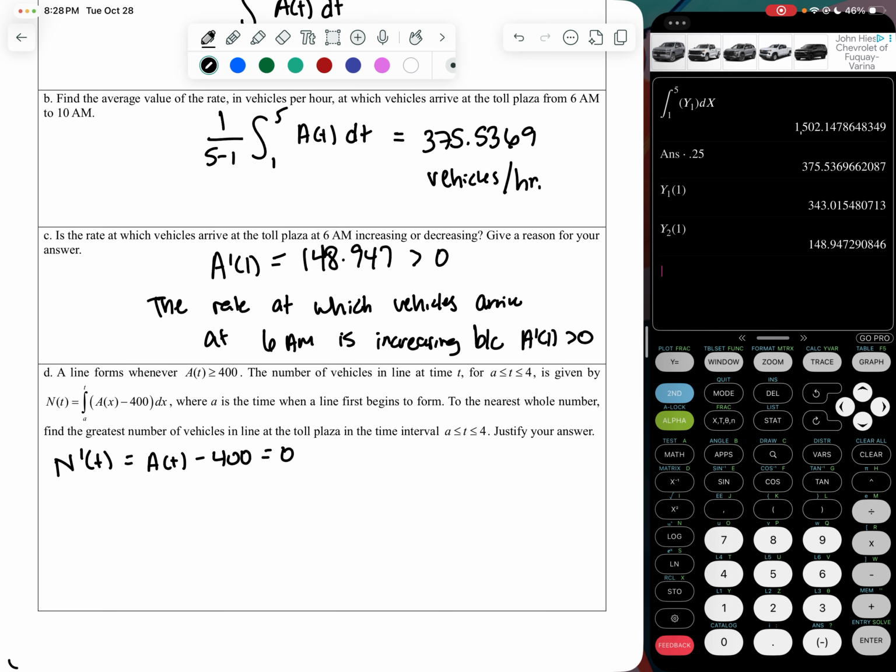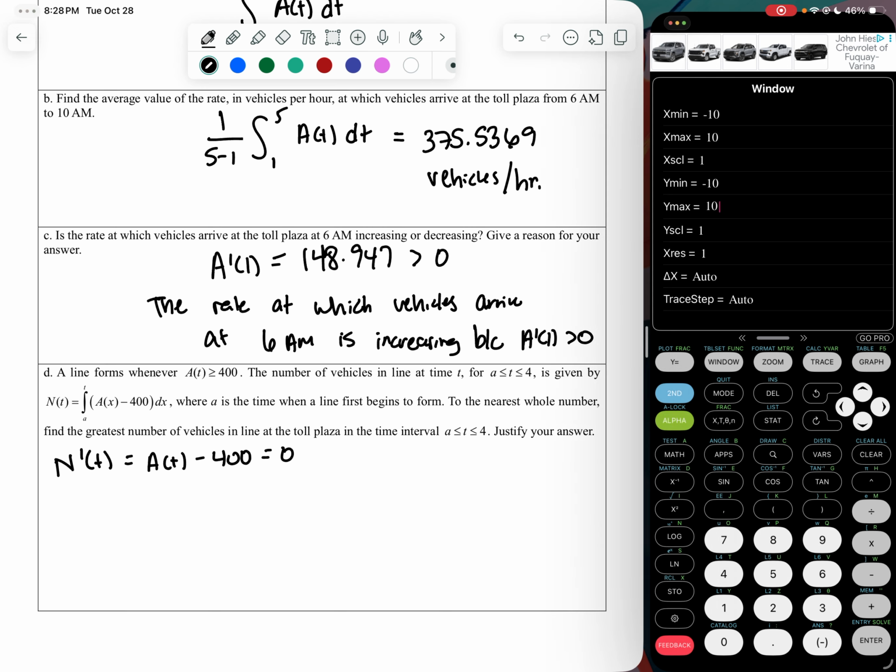All right, so we are going to put this into the calculator and see what happens. I'm going to change my window so that it is from 0 to 4. I'll change my y min to 0. My y max, maybe, maybe not. We'll see.